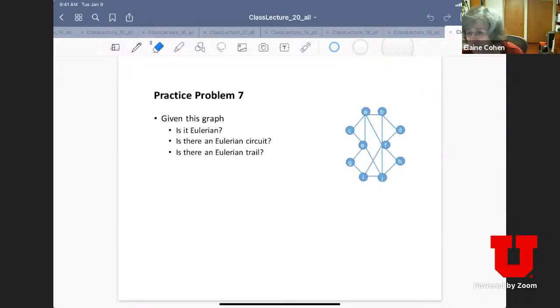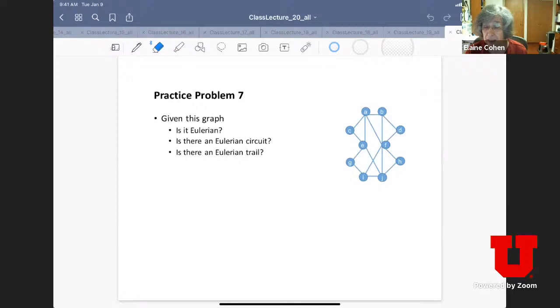So the man says degree of I is 3. Yes, that's right. Is everybody else even degree? Yes. So that says that this graph has an Eulerian trail, but is not Eulerian.